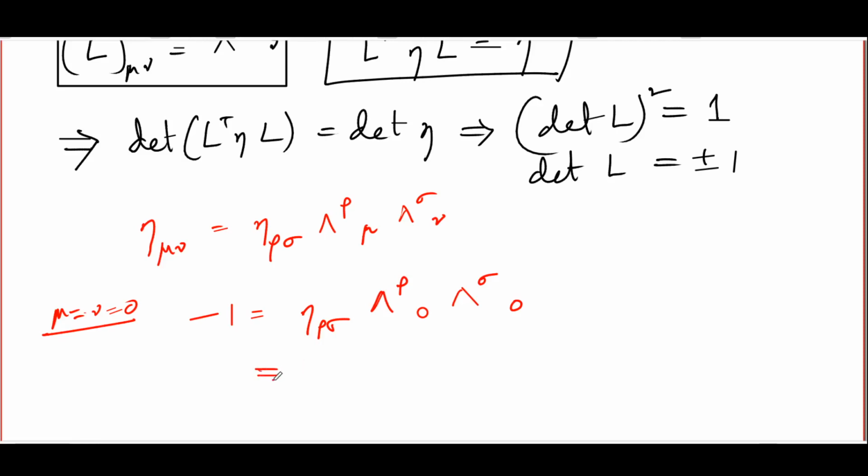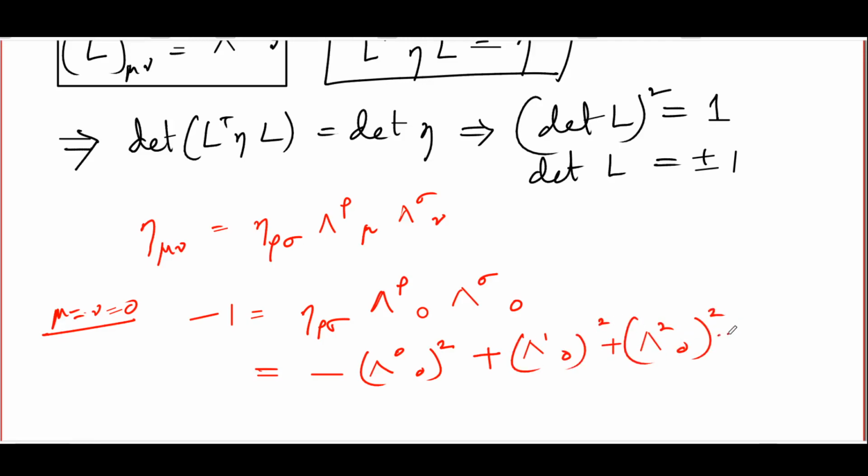Just by putting in the values one after the other, the 0, 0 term of course has a minus 1 for eta 0, 0, and that's for rho equal to 0, sigma equal to 0. So this gives you minus lambda 0, 0 whole square. The other three terms come with a plus 1 coefficient because eta 1, 1, eta 2, 2, eta 3, 3 are each plus 1. And they give you lambda 1, 0 whole square plus lambda 2, 0 whole square plus lambda 3, 0 whole square.